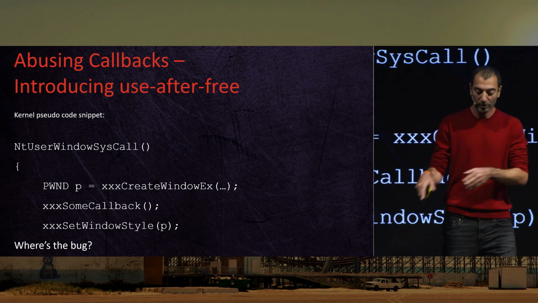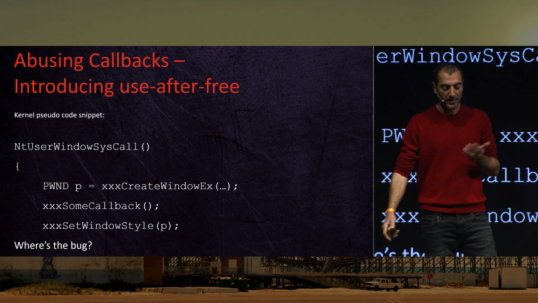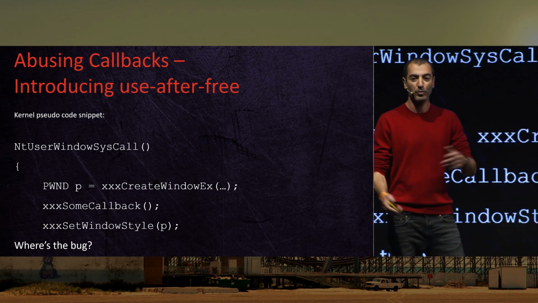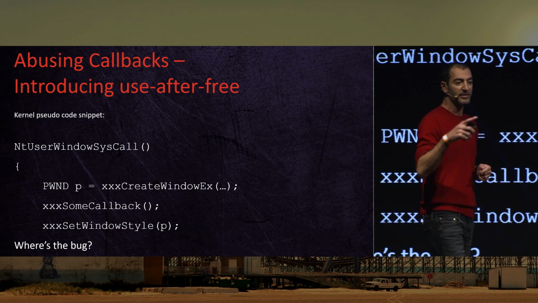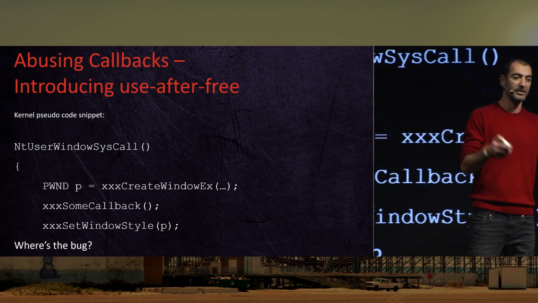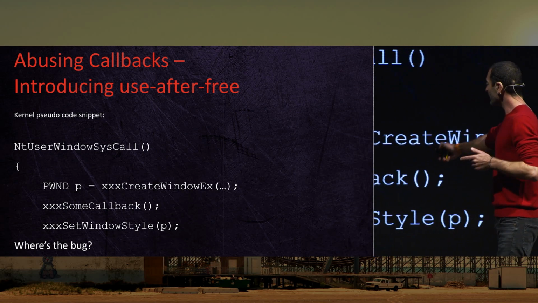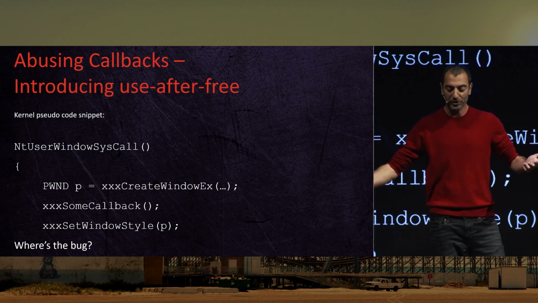Okay, and then we use P again. So the set window style uses P again. And now, can you imagine where's the bug? So we said XXX can go back to user mode. In user mode, we can do the bad things. Okay? So the point now is how we can abuse it.